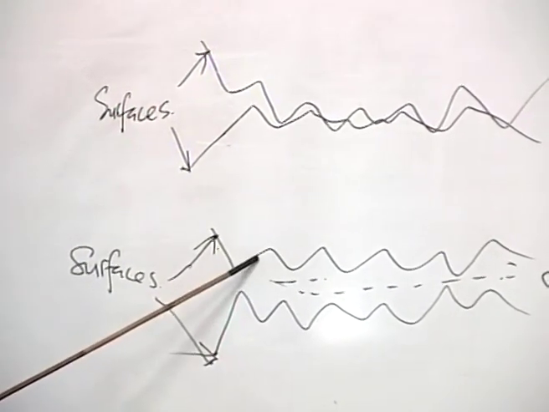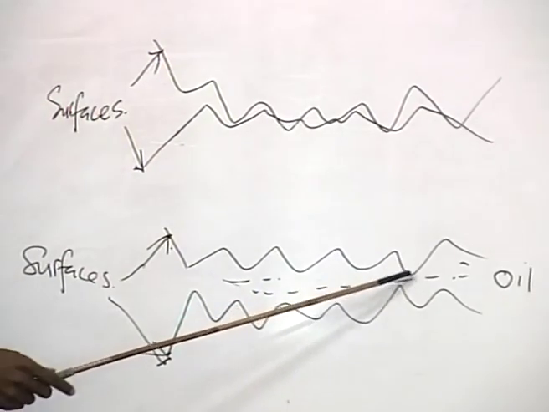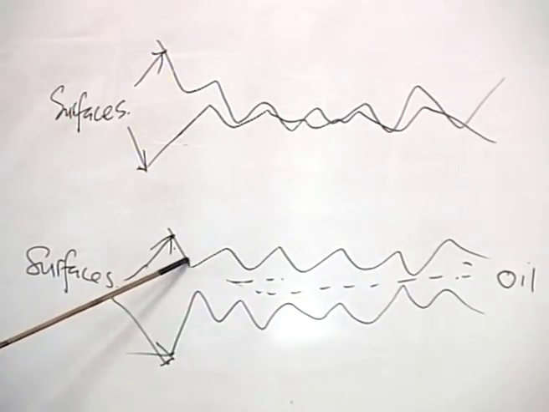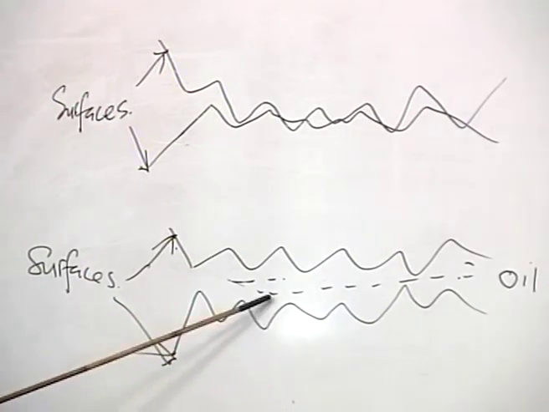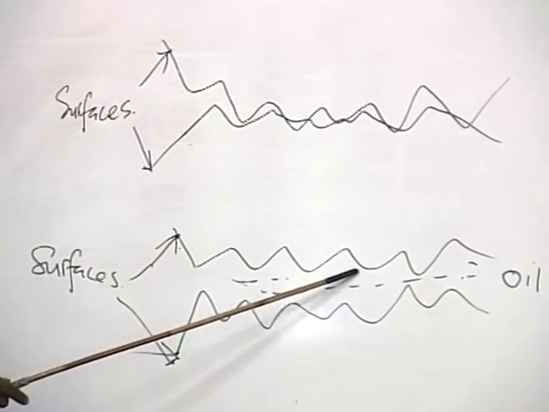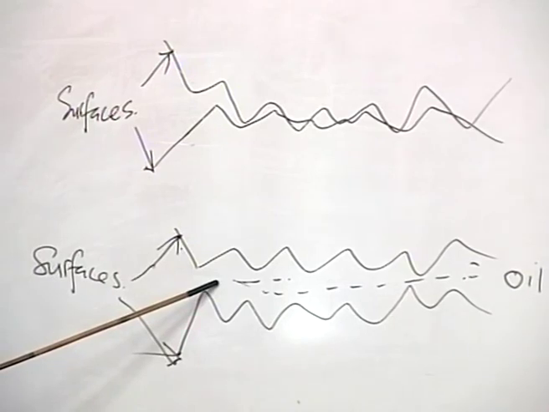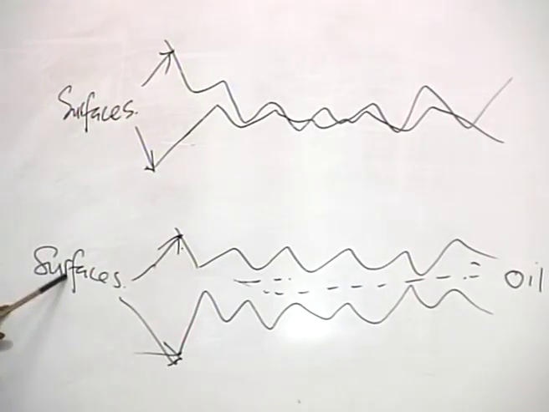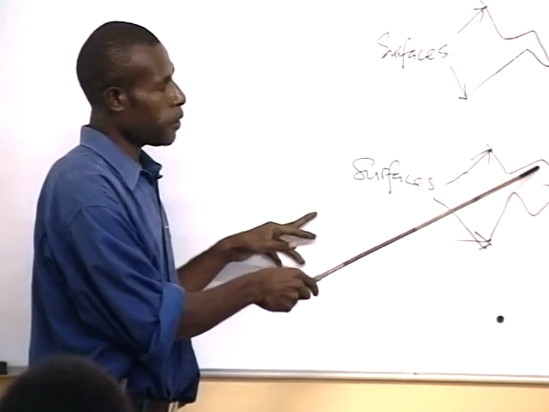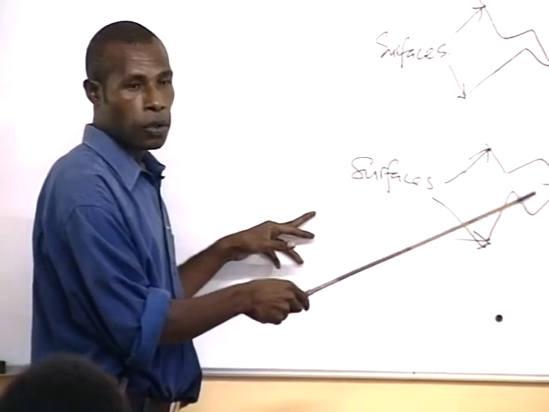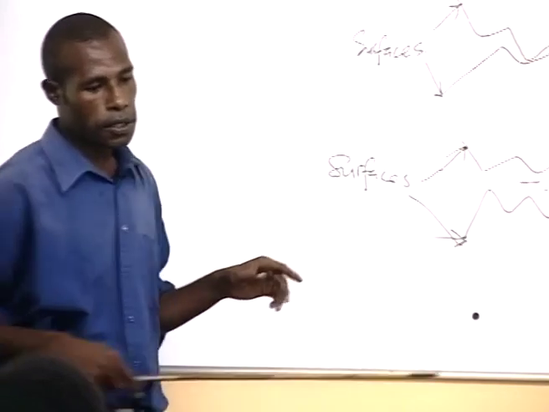If you apply oil in between, the surface sliding against the other is now on the oil, and that is why there is reduced friction, because the surfaces are not in contact with each other.